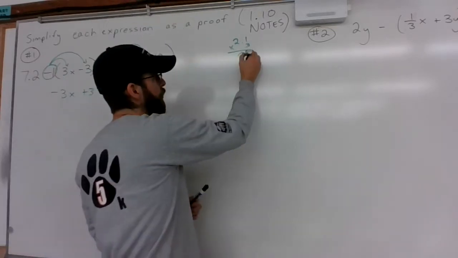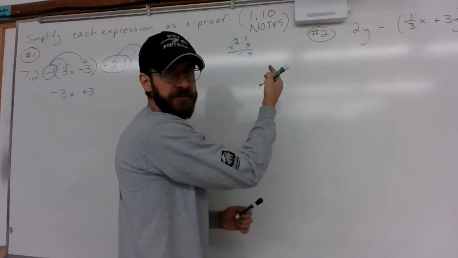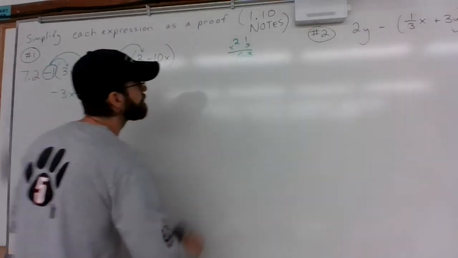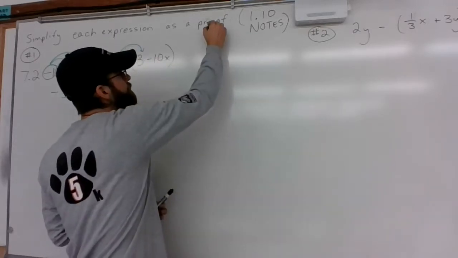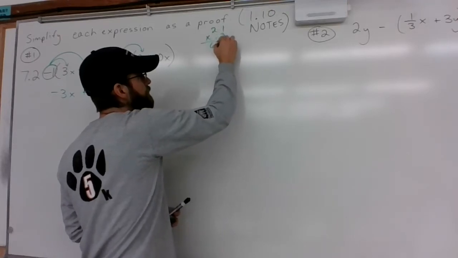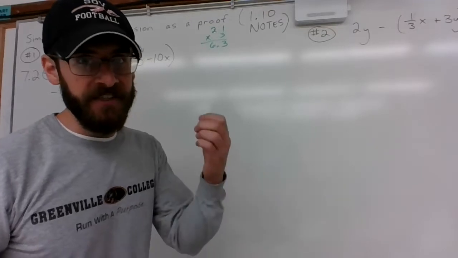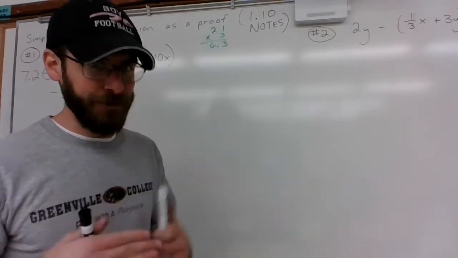If this is 2.1 times 3, you need to move the decimal point in. So you guys got to pay attention to those details. The decimals have to be honored when you multiply.